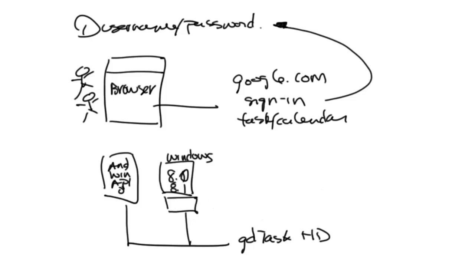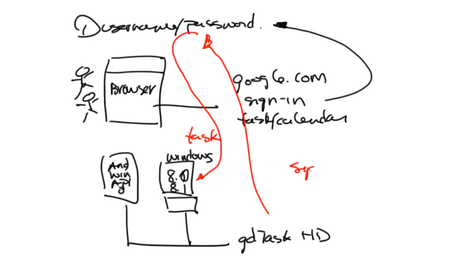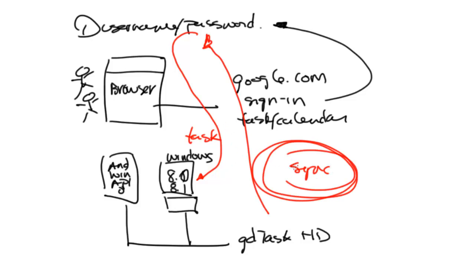GD Tasks HD then uses this same username and password, and it downloads all of the tasks onto these devices so that you can synchronize between all of the users. So these users, they're all sharing tasks.